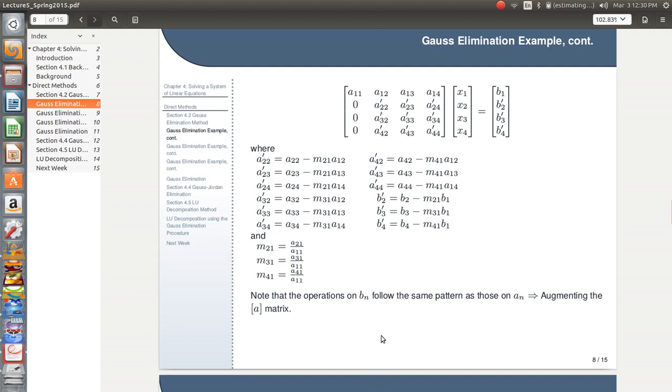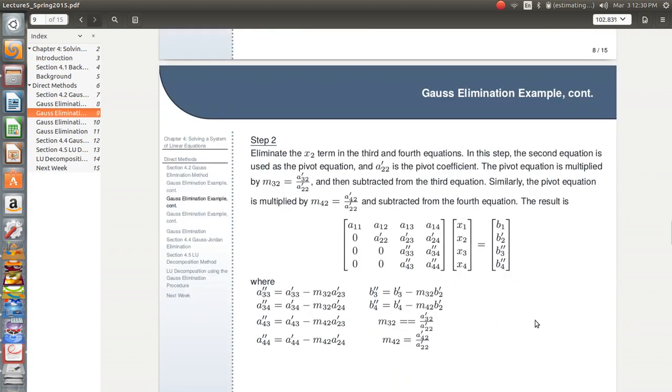Now, please note that the operations on a solutions matrix B follow the same pattern as the operations that we perform on A sub n. Step 2, as mentioned in this particular system, would be to eliminate the x2 term in the third and fourth equations. It follows the same basic type of pattern.